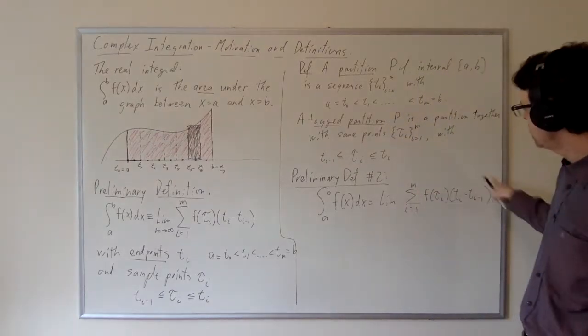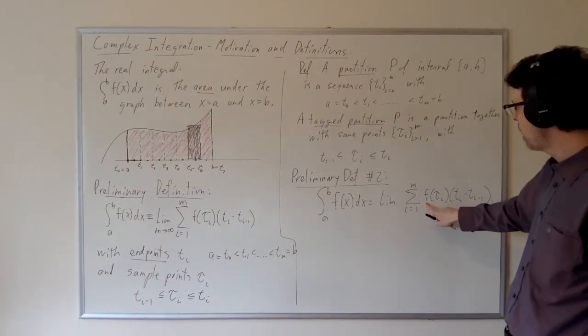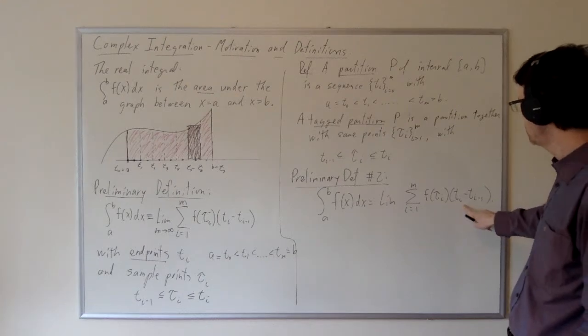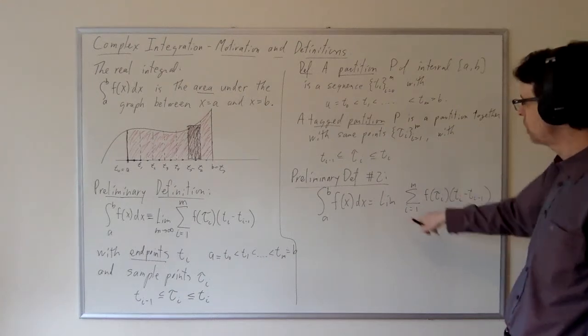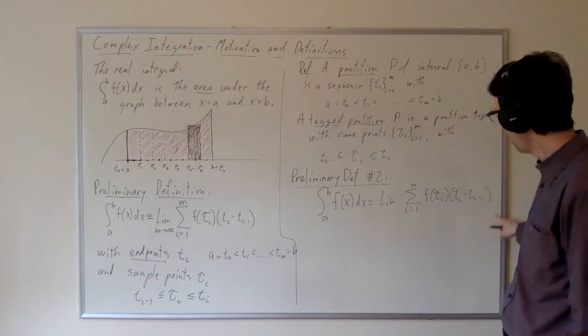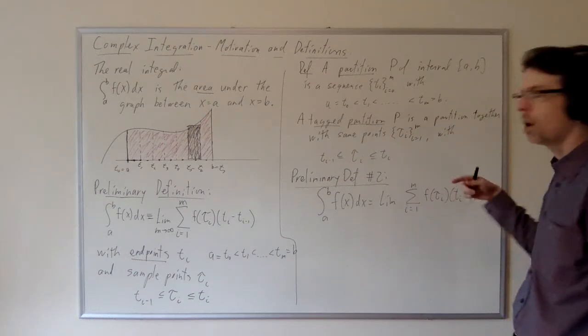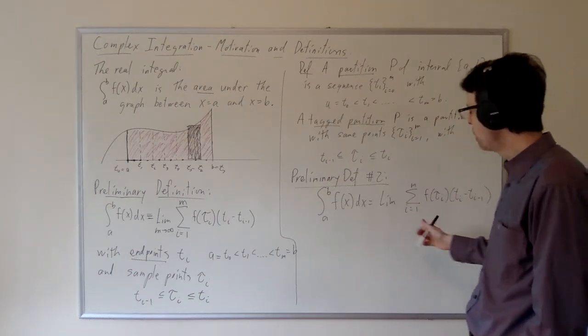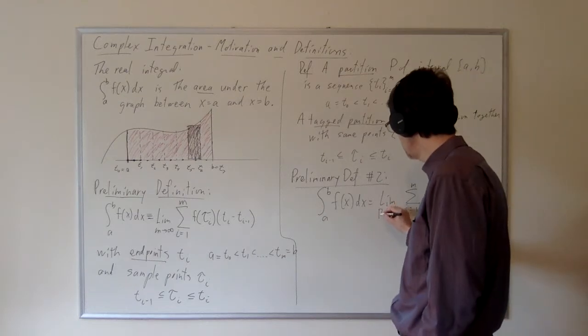Now, we can think of this as a function of f, but it's really a function of the taus and the t's, so it's all a function of a partition. So in the background here, I'm thinking of all of this data, the t's and the taus, as coming from some partition P. And then we're going to take the limit as P goes to 0.